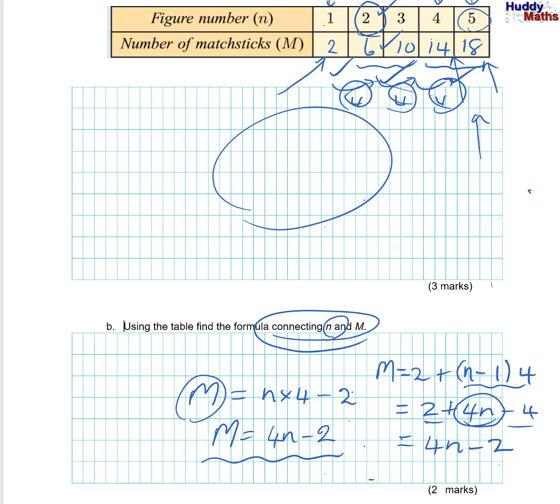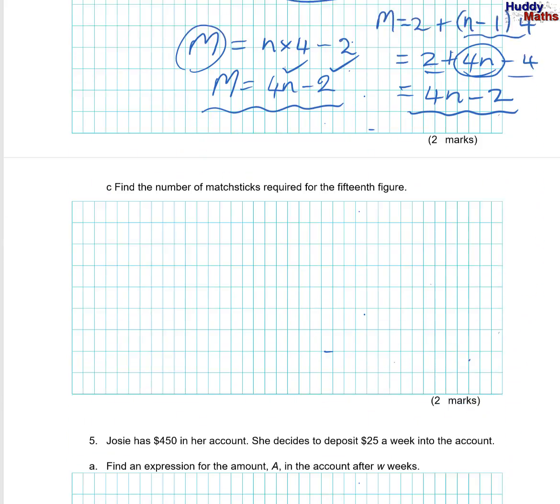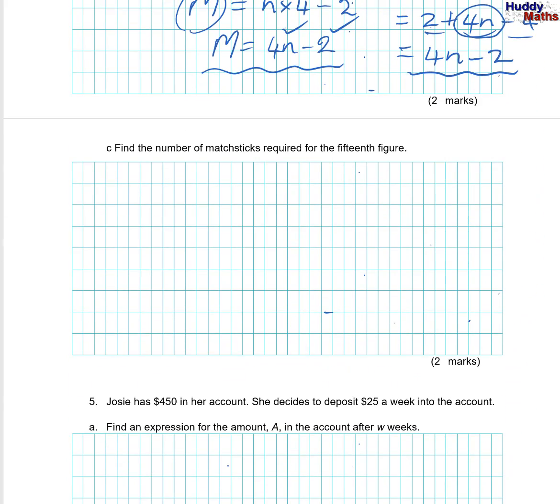So that's another way of thinking, isn't it? Another way of thinking. That's important. So you could do it either way there. All right, so let's mark that now. There's one for ending up with 4n and one for ending up with take 2 at the end of the formula.